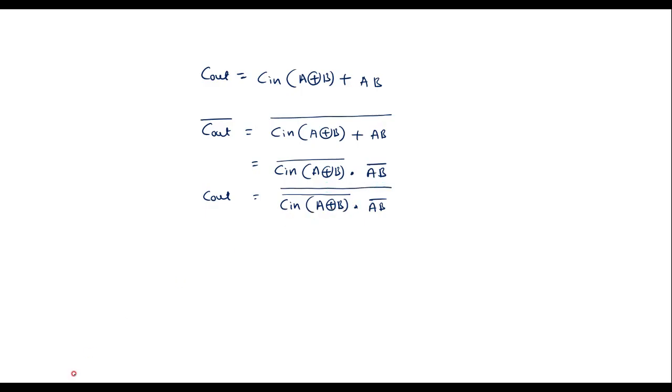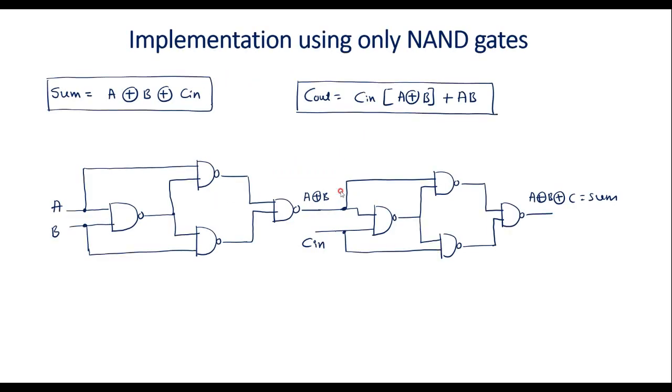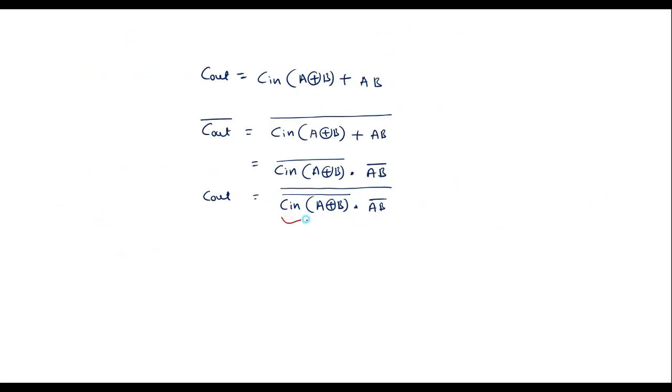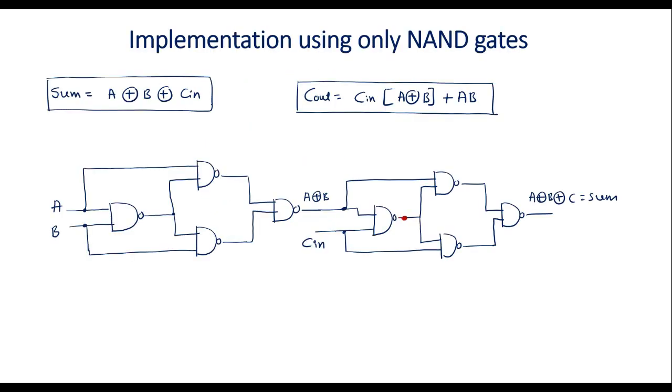Now I will try to implement this. We can observe that in Cin(A XOR B), Cin is one input and A XOR B is the other. Looking at this circuit, we have A XOR B and Cin, and the output here is this entire term, Cin(A XOR B) bar. The other input is AB bar. As we know, AB bar is available here, from the first NAND gate. So I'll use one more NAND gate.